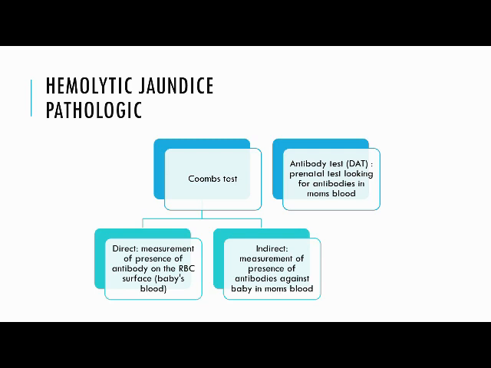I also wanted to put in this antibody test, or DAT, direct antibody test. You will hear it called DAT or antibody test, people use those terms interchangeably, which is probably why all of medicine is confusing, because there's always two names for the same thing. But this is a prenatal test they do for moms, looking for antibodies in mom's blood against different blood types other than the one she is.